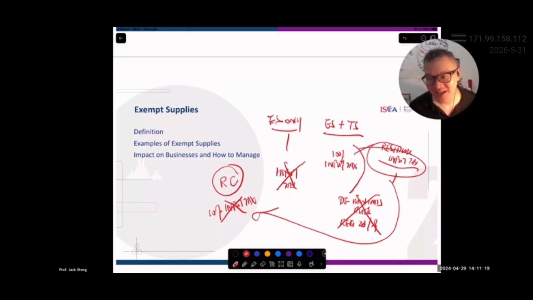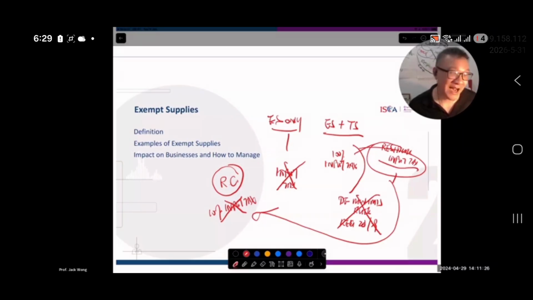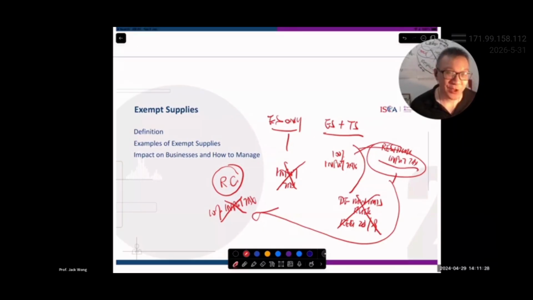I just finished one advanced GST class 2 weeks ago, and I asked, which of you in the room is actually subject to reverse charge? So I highlighted all these categories, potential suspects, we call it. And then one person raised a hand and said, oh, my business is subject to reverse charge.